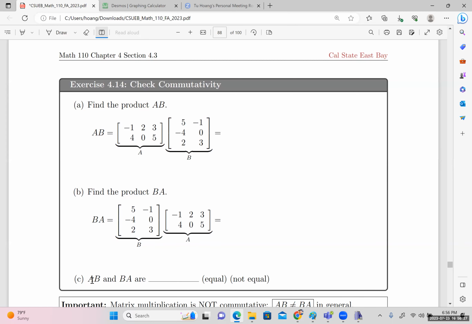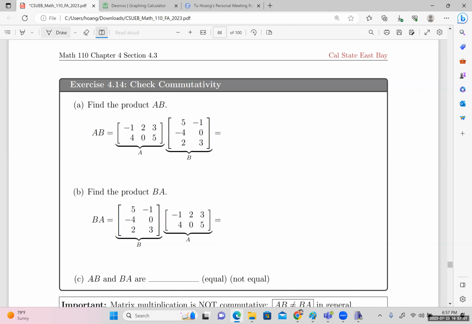Like I said before, A times B is not equal to B times A in matrices. So I would like to let you guys work on this one. You can use calculators or do it by hand, doesn't matter to me. Just show the answers and tell me what you have, right?